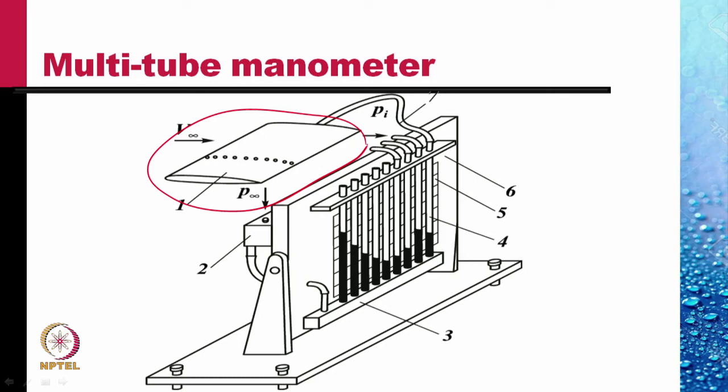From each hole, a tube runs to one of these many tubes. There is a reservoir too, which contains the fluid, and so the height of these columns gives an indication of the relative levels of pressure at the different holes in the aerofoil.